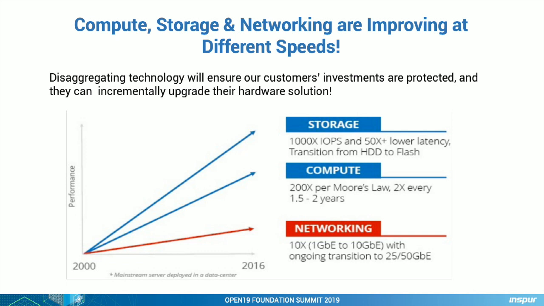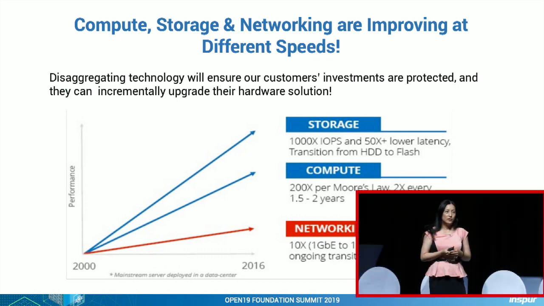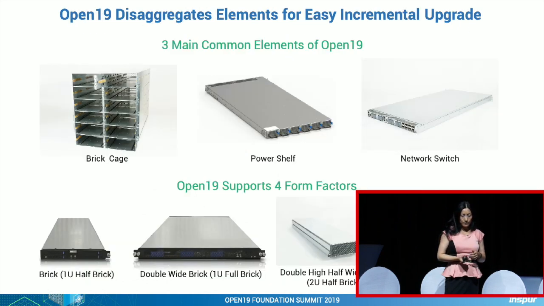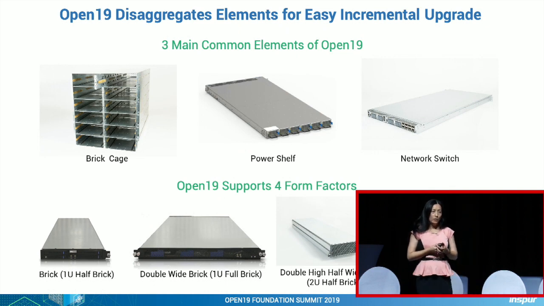Open19 is working with all of the other open hardware communities on the SONiC project to try to speed up networking to match compute and storage. So we are also working very closely with the Open19 community to see if we can help bring better elements into it. Let's take a look at how Open19 helps to disaggregate compute, storage, and networking.